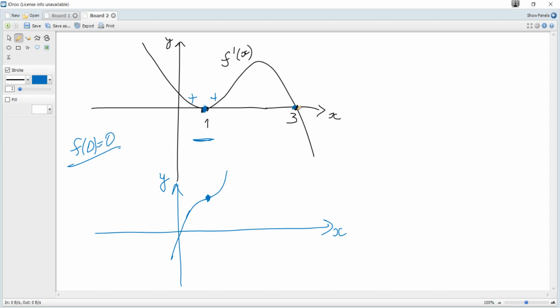And at 3 we can see again the first derivative is equal to 0, so again a horizontal tangent, and we can see to the left the derivative is positive, to the right negative, so the derivative changes sign from plus to minus, so it increases to the left, decreases to the right, so it's a local maximum.